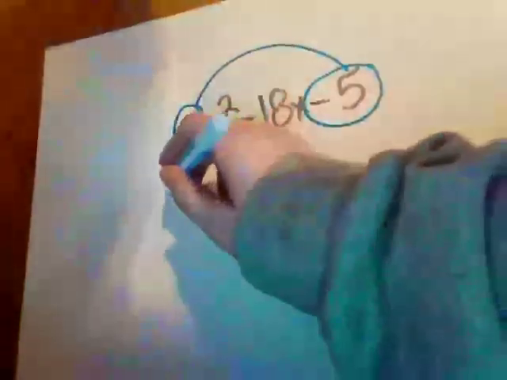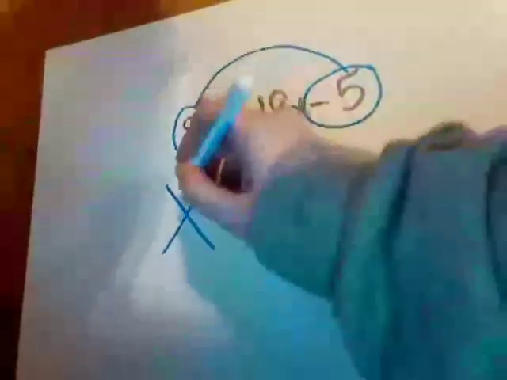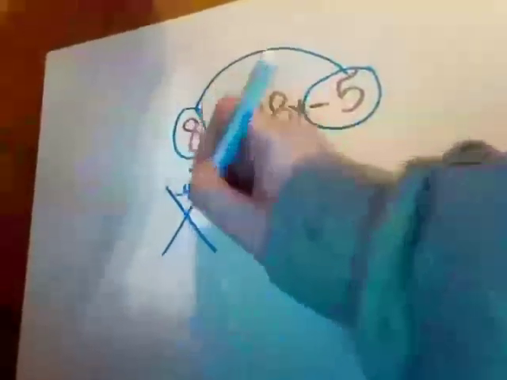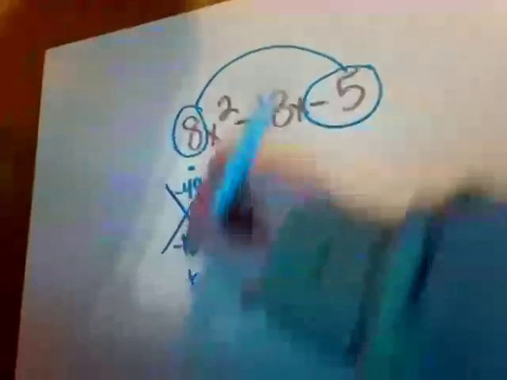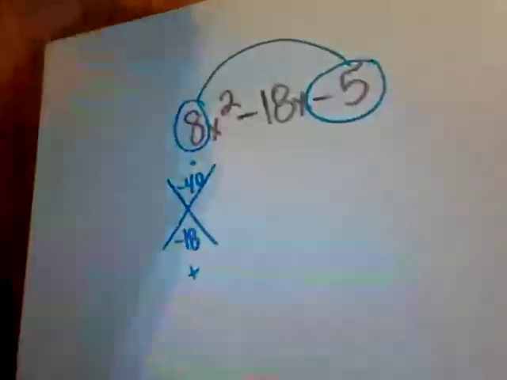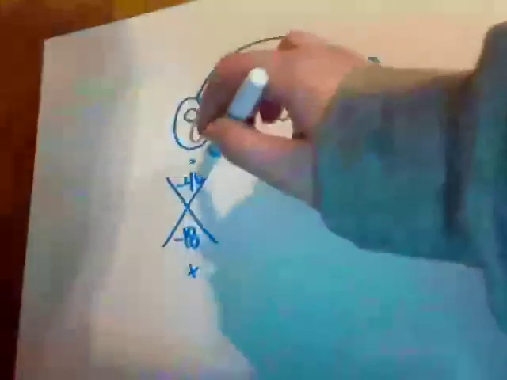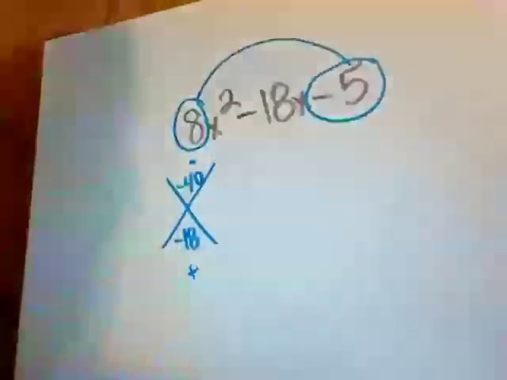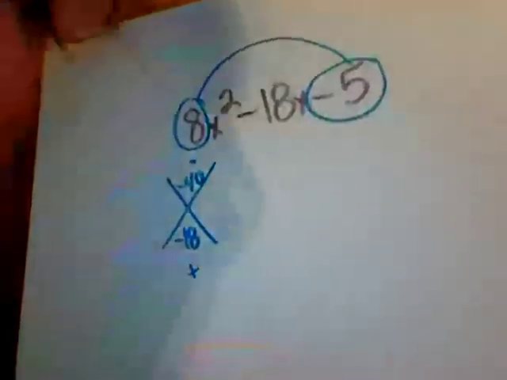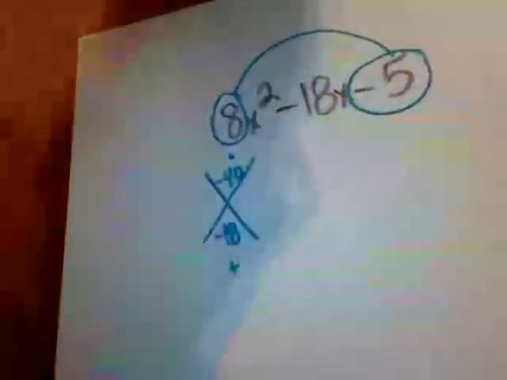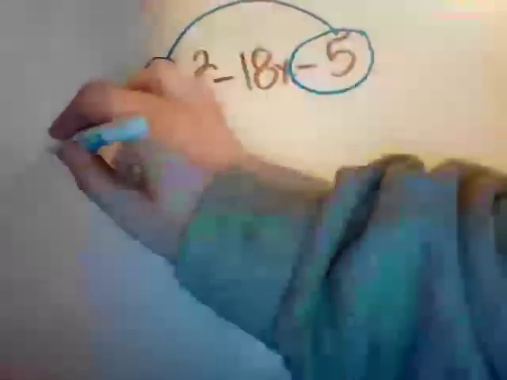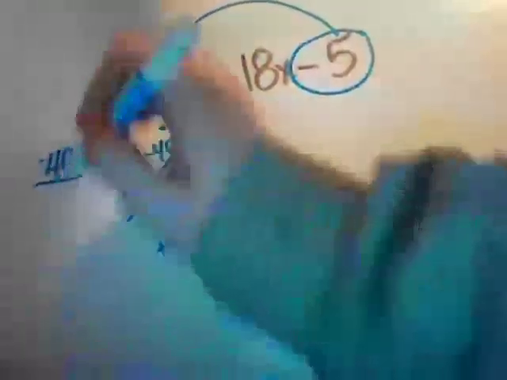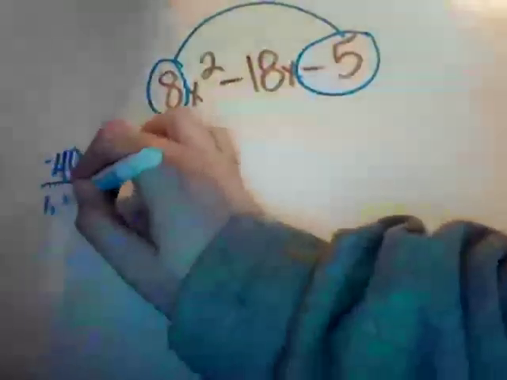In our x, I'm going to put negative 40 on top. We need to put the negative 18 on the bottom. So I'm looking for a pair of numbers that's going to multiply to make negative 40 and add to make negative 18. So for a pair of numbers to multiply to make negative 40, I could use 1 and 40.